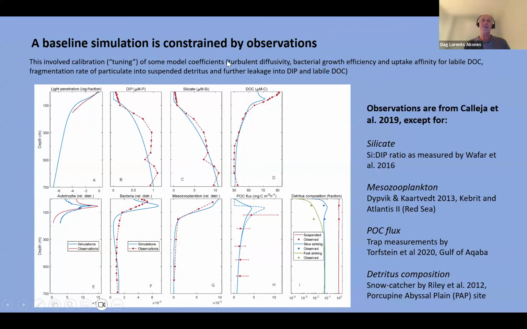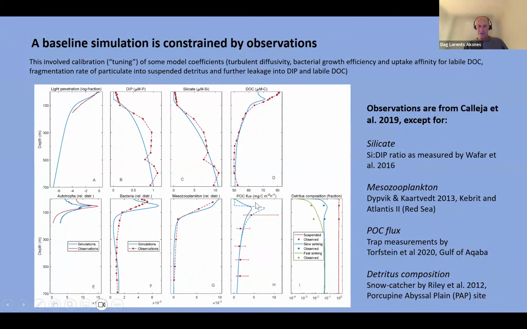Because there is a large number of coefficients in such models, there is actually no real challenge to fit it to observations if you tune all kinds of coefficients. So we have not aimed for an optimal fit, but we have established a simulation which reflects the observations quite well. So that here the blue is the model and the red is the observations in these different panels.